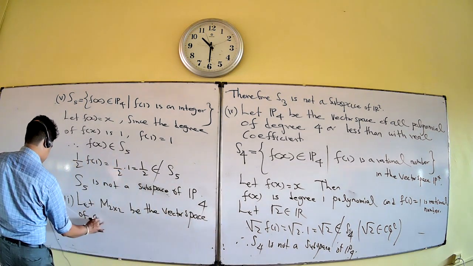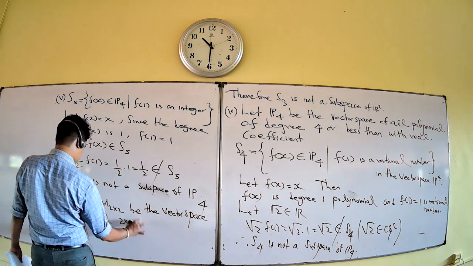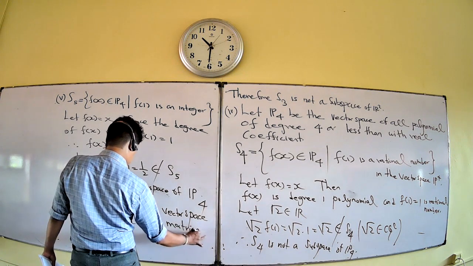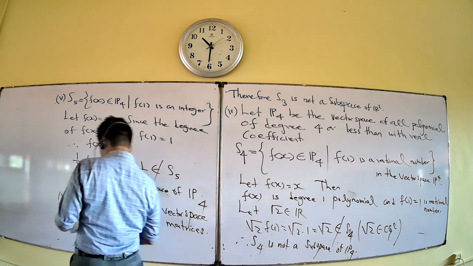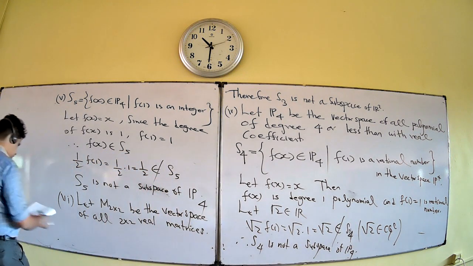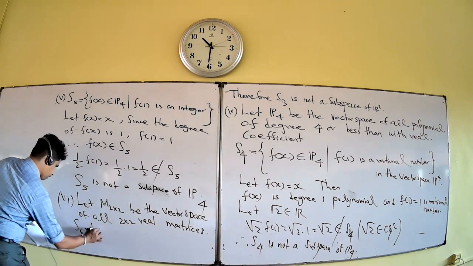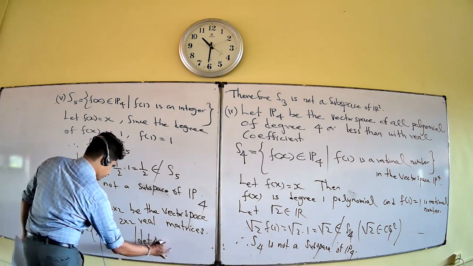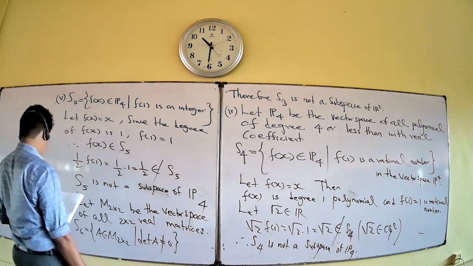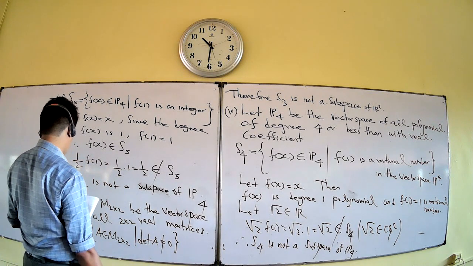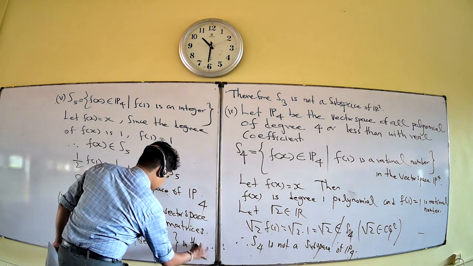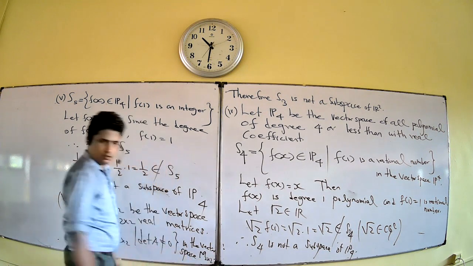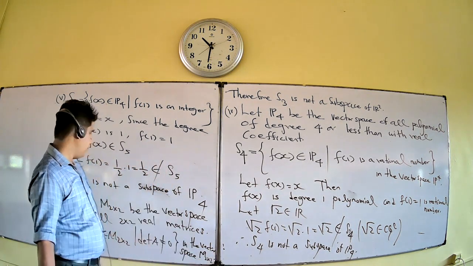So your set is A belonging to M2 cross 2, such that the determinant of A is non-zero, in the vector space M2 cross 2.